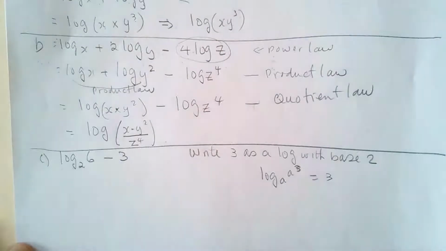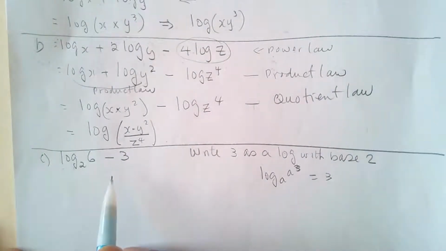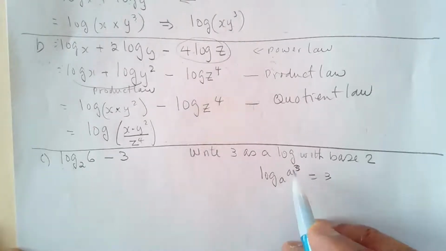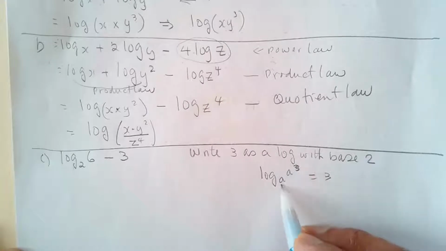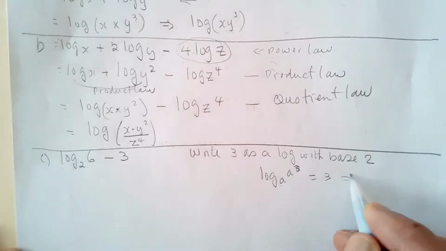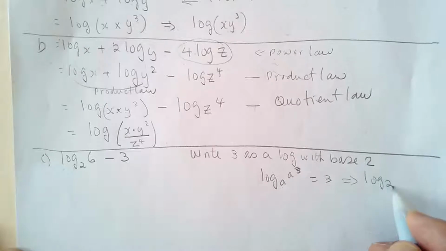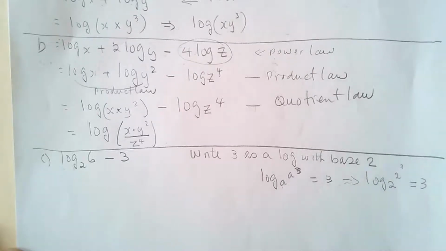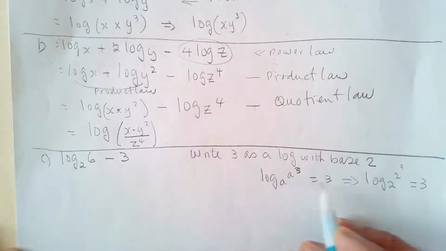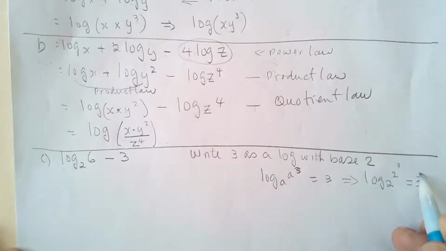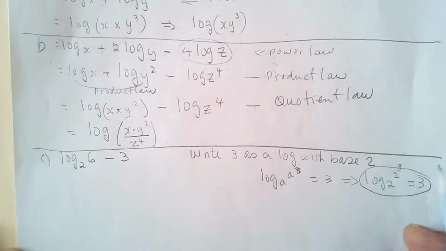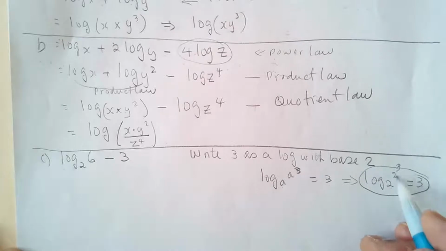So now, what is our base? If our base now becomes 2, this should be 2 to the power 3. So 3 is equal to log base 2 of 2 to the power 3, or 2 to the power 3.